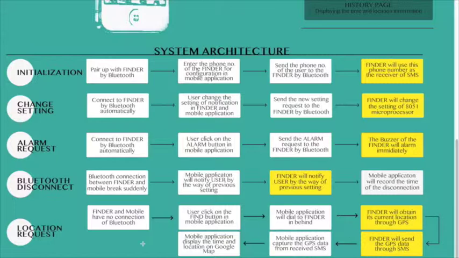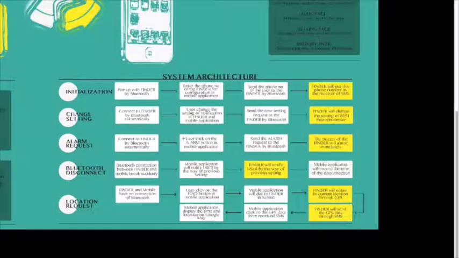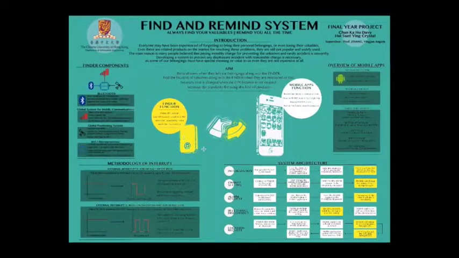The mobile application will dial the Finder in the background, and the Finder will obtain its current location through GPS and also send the GPS data through SMS to the mobile application. Then the mobile application will capture the GPS data from the received SMS so the user can see the location on the Google Map. This is our presentation.